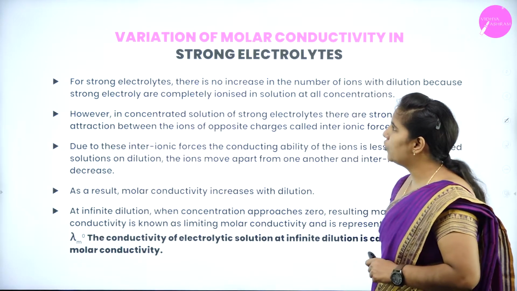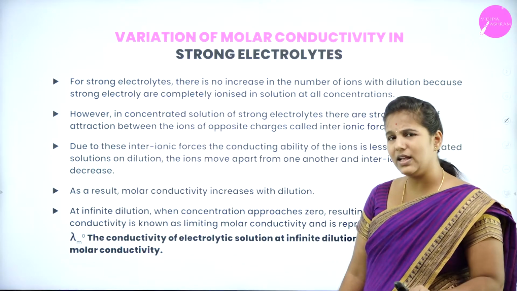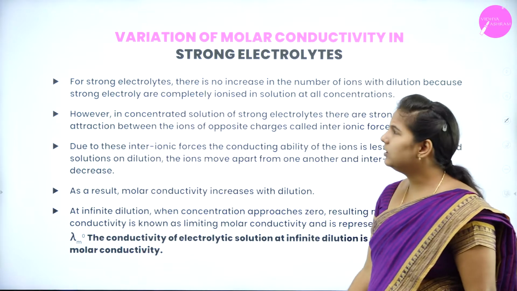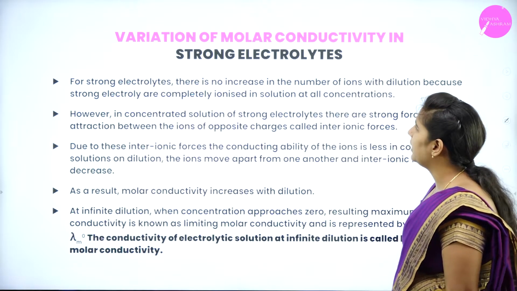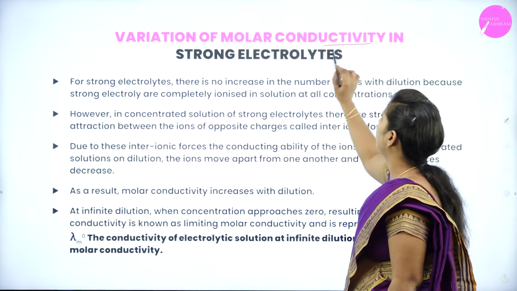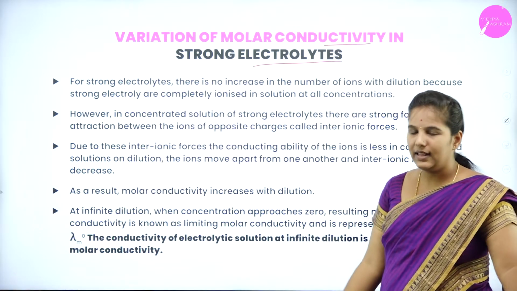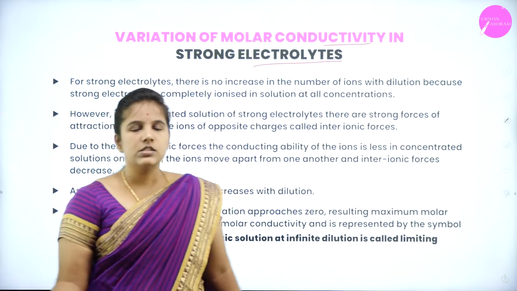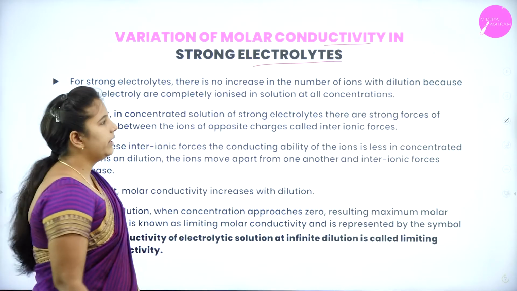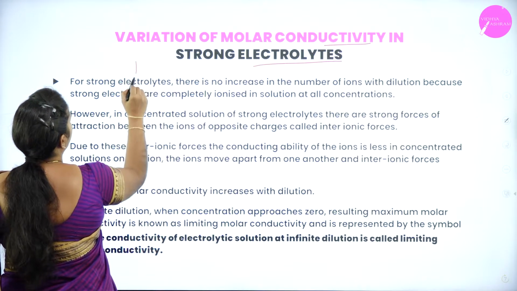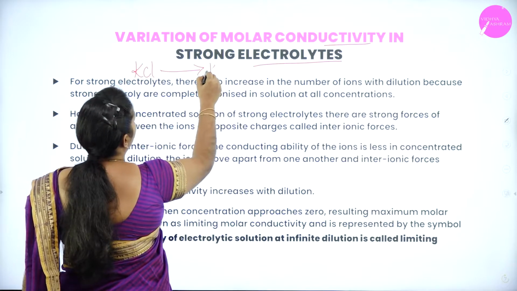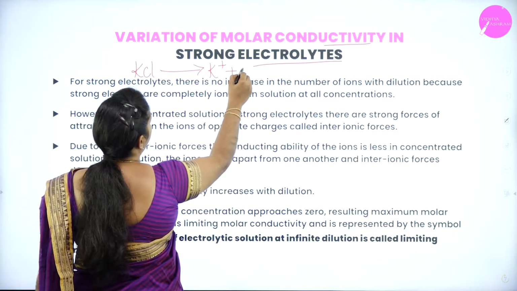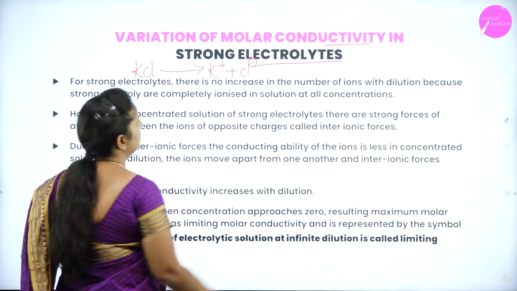Next, we will move on to taking only a strong electrolyte and see how the variation with concentration takes place in the molar conductivity of a strong electrolyte. Let us discuss. Already we know that for a strong electrolyte, for example, you can take KCl, which dissociates to form a potassium ion and a chloride ion, right?